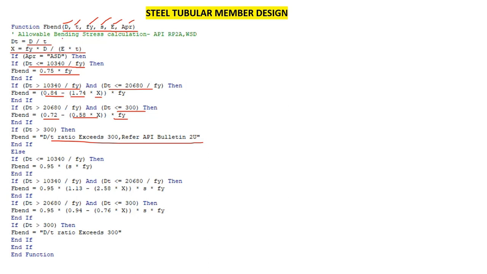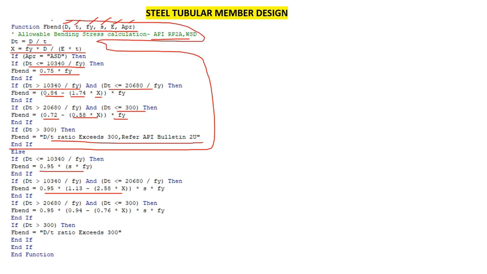This is if you are using allowable stress design, ASD. If it is LRFD, then it would have a different factor, 0.9 by 1.13, but we are mostly not using LRFD in this Excel sheet. We are using ASD. This kind of small function we put in the VB macro. This function is to calculate the bending stress.